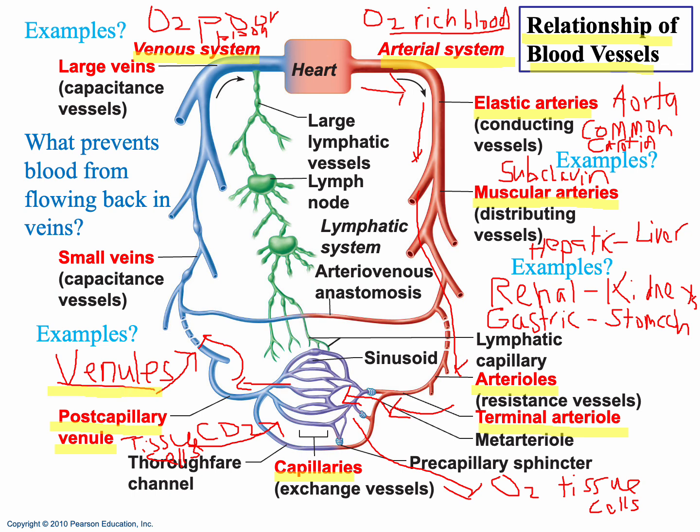Then from here, the oxygen poor blood will make its way to small veins.